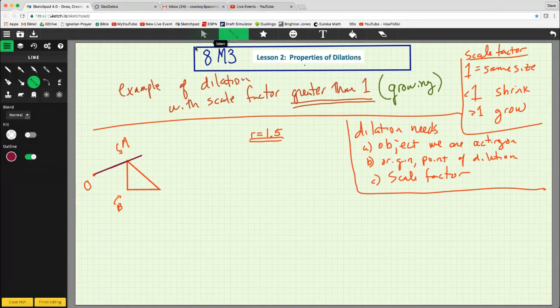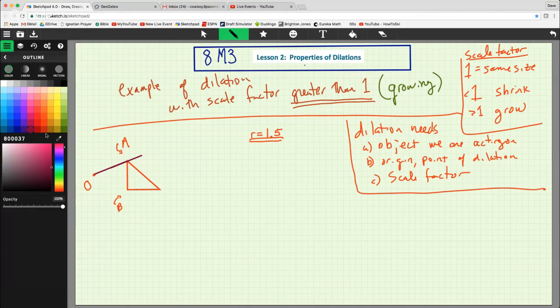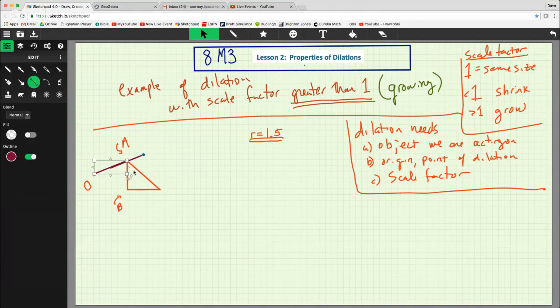So I've dilated that point. If you had a ruler, you'd just measure halfway along here to here, and then extend it out across that same line segment to here.